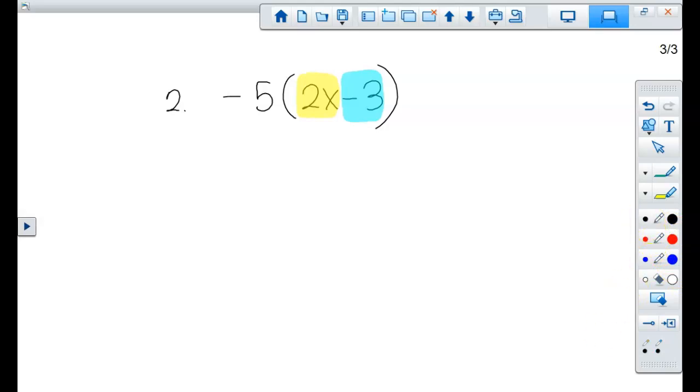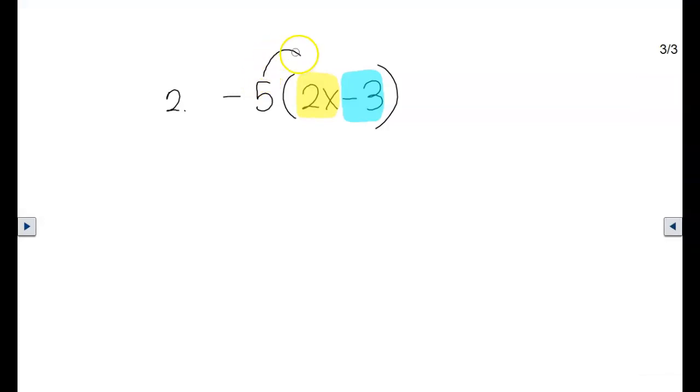Each of those members that I just highlighted is going to get multiplied by this -5. So I do -5 times 2x. -5 times 2 is -10, and we reattach that x. Then we do -5 times -3, which gives us a positive 15. So put plus 15 because that's positive.